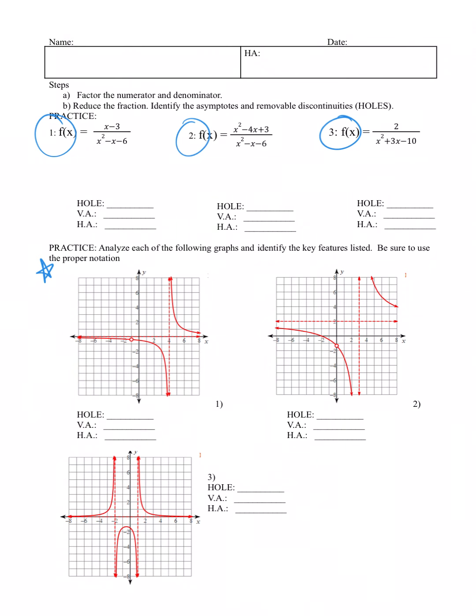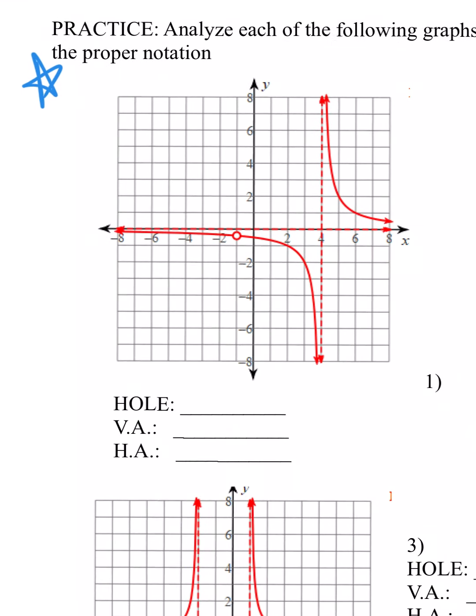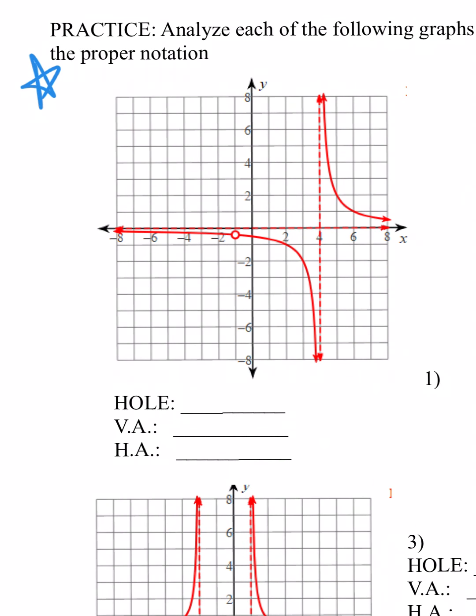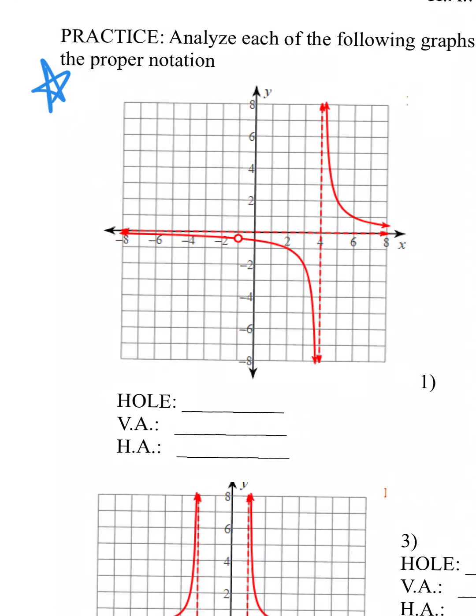So here is a little bit of different way to identify our holes, our vertical asymptotes, and our horizontal asymptotes, okay? So the first thing we need to do is identify a hole. And if you remember, a hole is symbolized as a little circle in the graph, okay? And in this case, I see a little hole right here, okay? So I know that I have a hole. And remember, when we write a hole, we write it as x, comma, dash, okay?